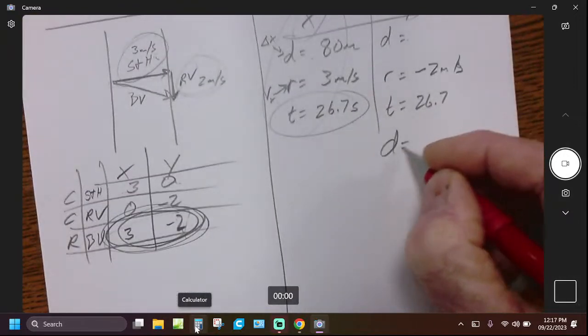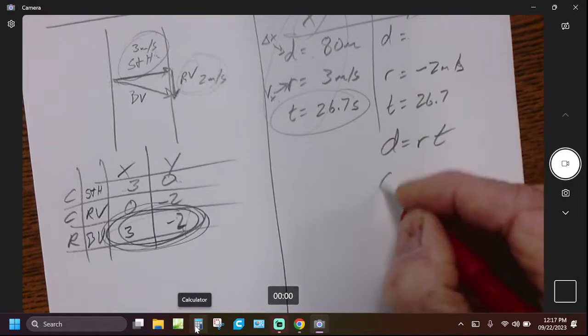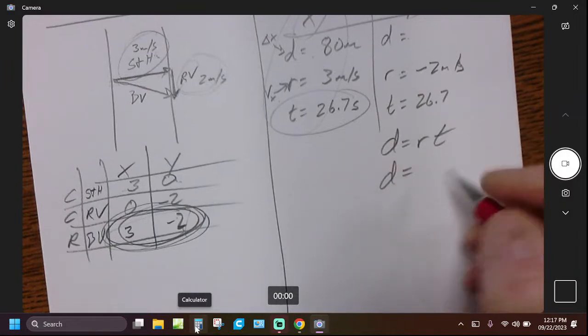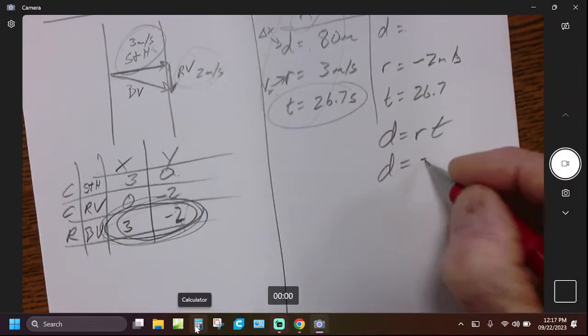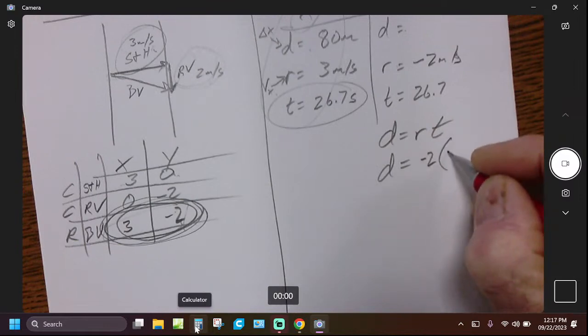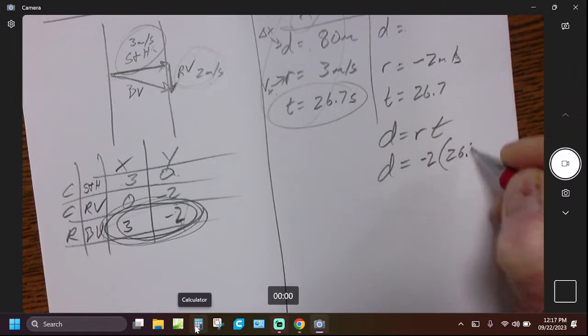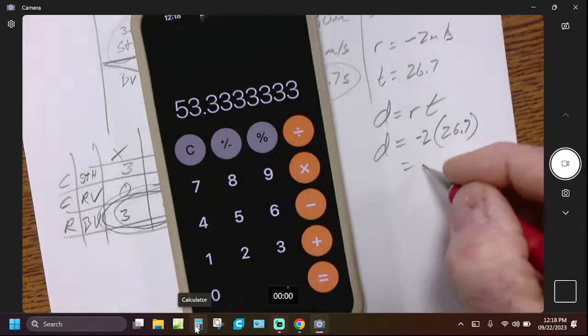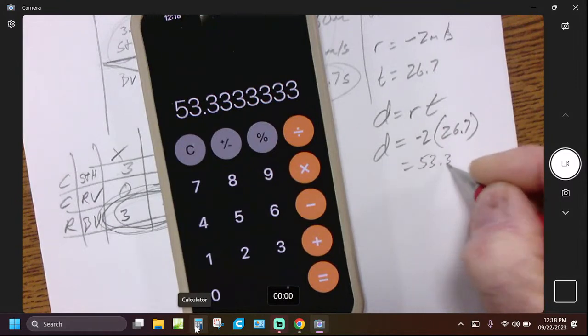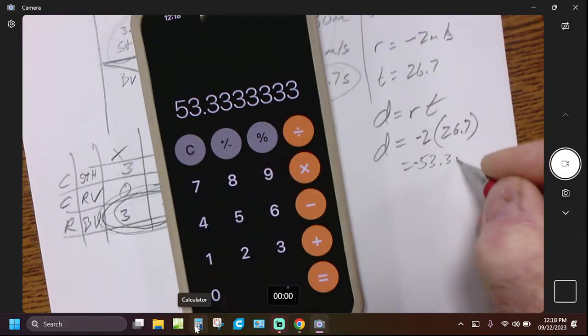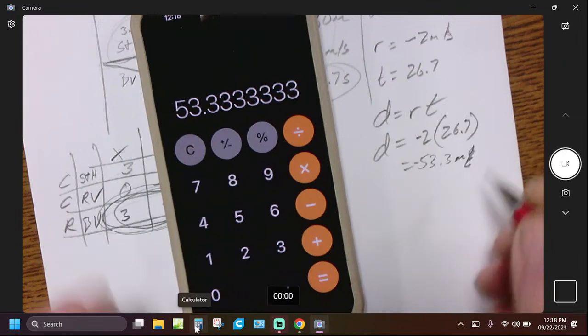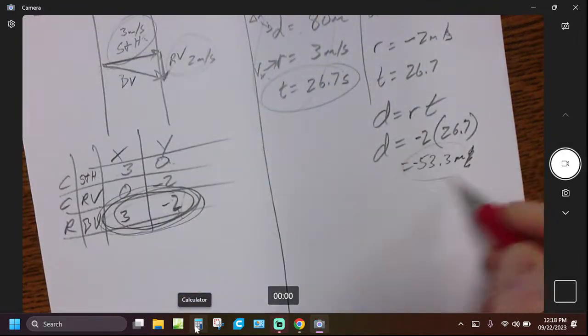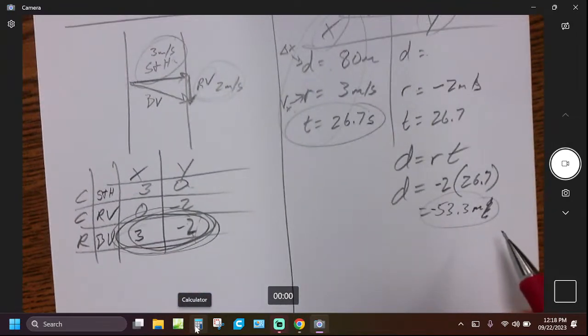So if I'm using distance equals rate times time, I can find the distance by multiplying the rate times 26.7, which gives negative 53.3 meters. What does the negative mean here? He's going downriver.